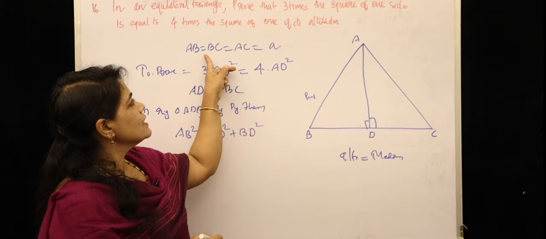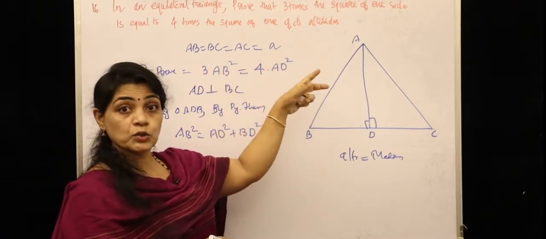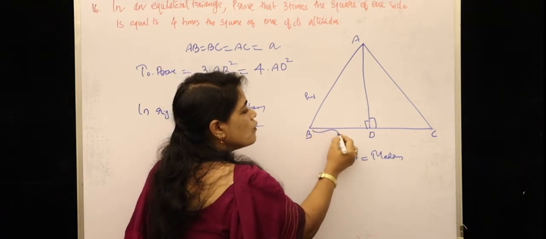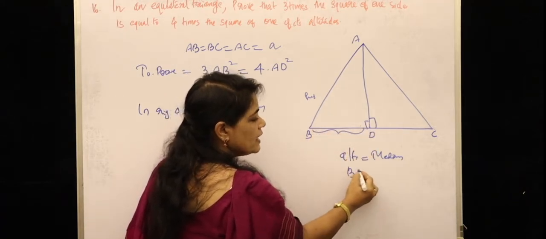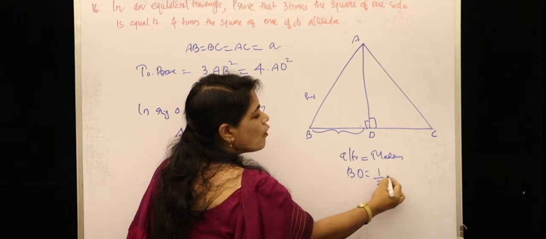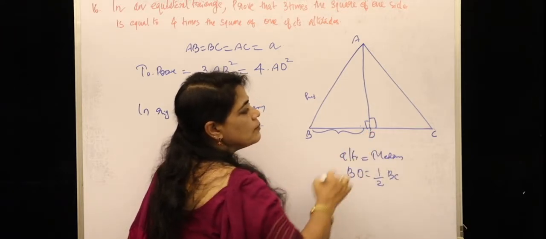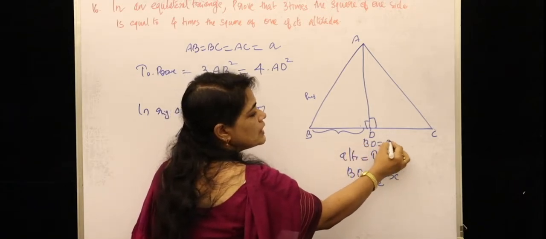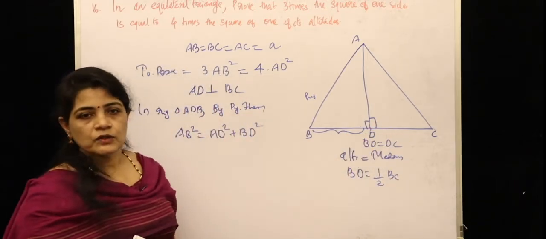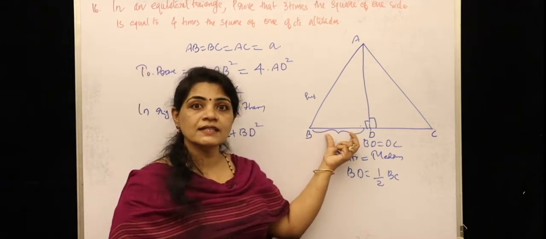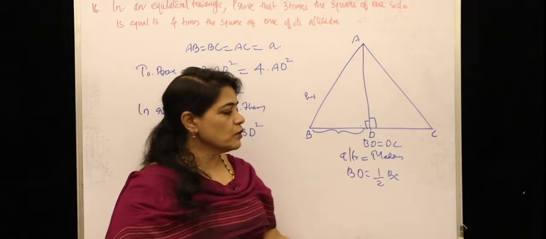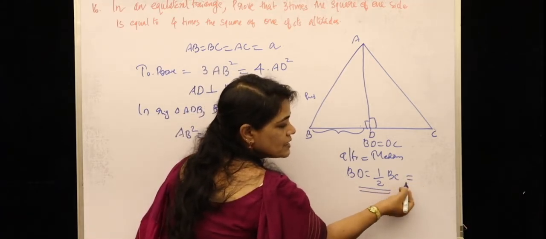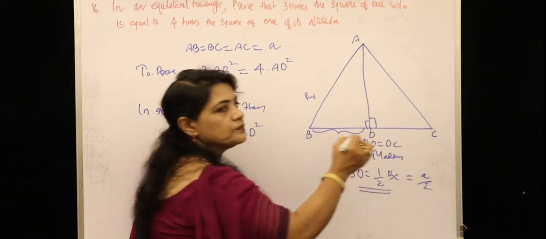And we have taken all sides equal to A. D is the midpoint, which means BD equals DC. So BD is exactly half of BC. So you can write BD as half of BC, or since BC is A, A by 2.